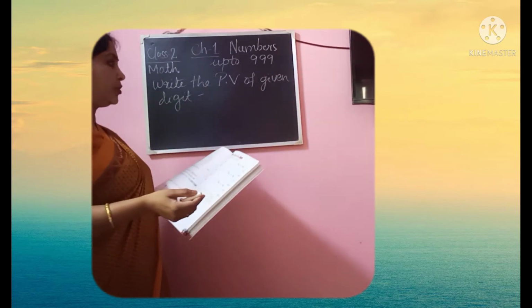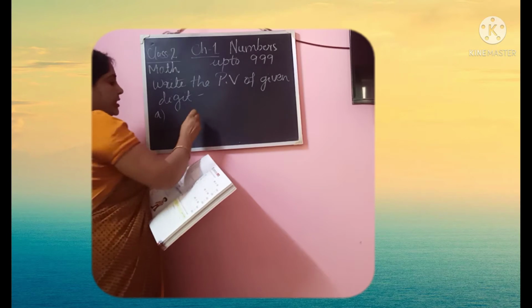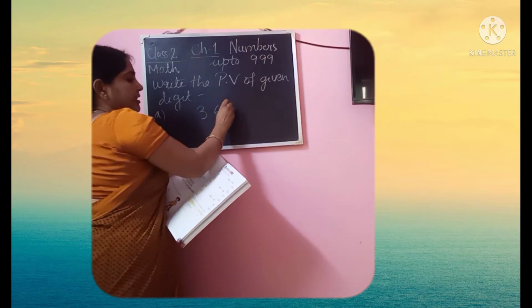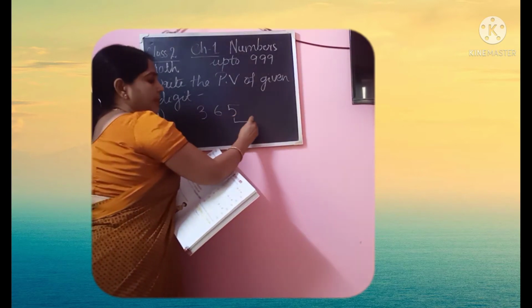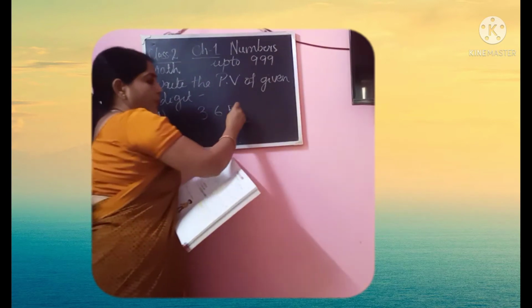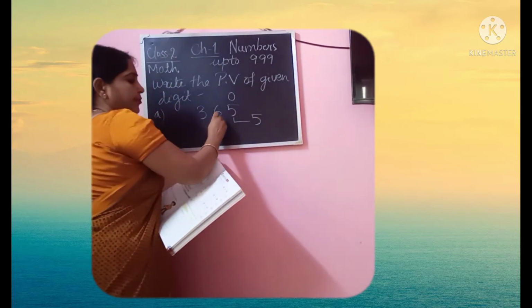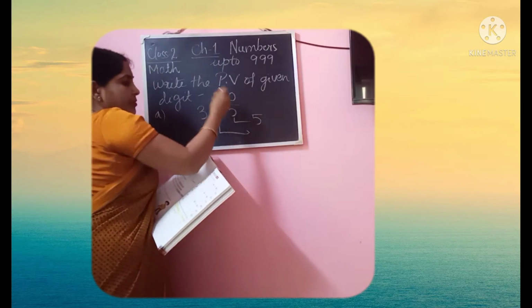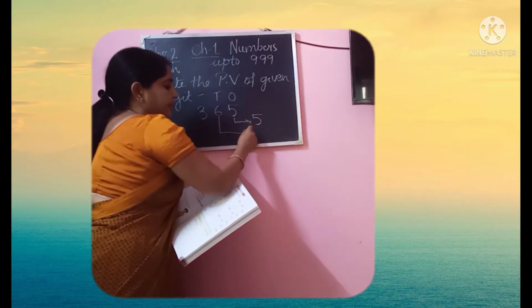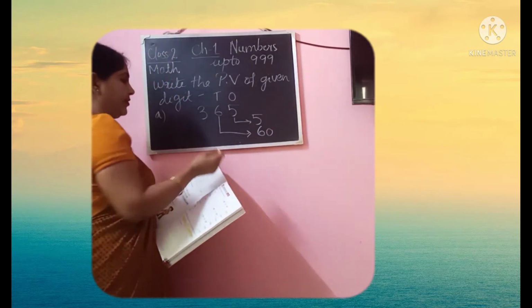Okay, so how shall we write? The first one, A. The question is 3, 6, 5. So what is the place value of 5? It is in ones place. Okay, so we will write 5. What is the place value of 6? It's in tens place. So we will write 60 or 6 tens also we can write.